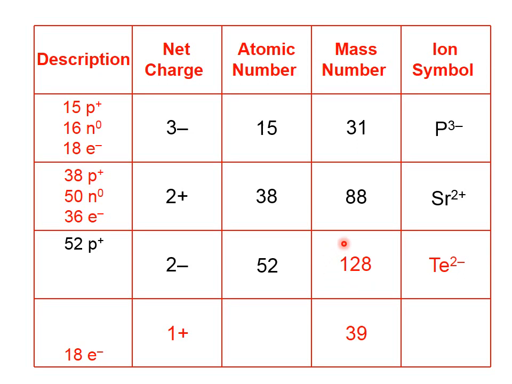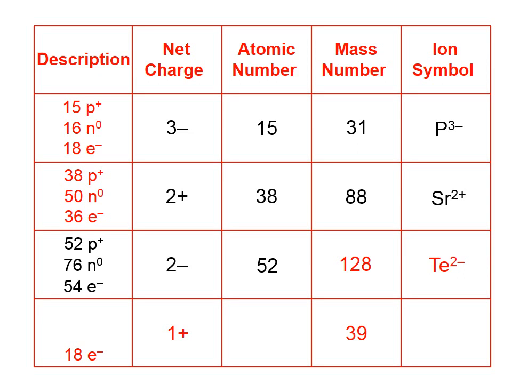The mass number is 128. Well, we know that the mass number is protons plus neutrons. So if we take 128 minus 52, we get 76 neutrons. And then we need to find the net charge. We've got 52 protons, but the net charge tells us that we have 2 more electrons than we do protons. So that's going to be 54.